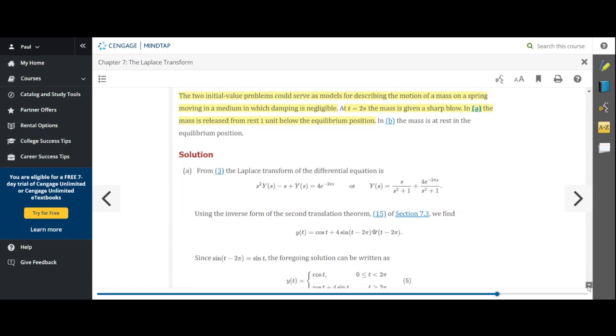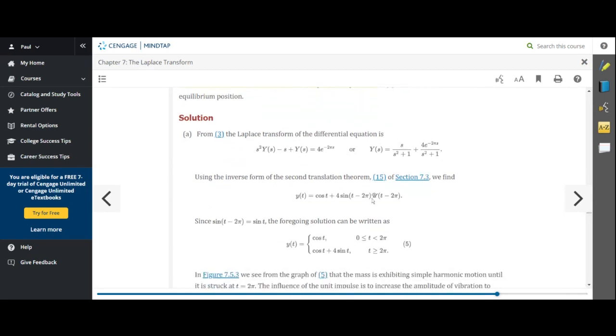So by the second translation theorem, they take the inverse Laplace transform, and they come up with this solution. And I think you know how to use Laplace transforms. It's true they're leaving out some details, but I think you could fill in the details on this one.